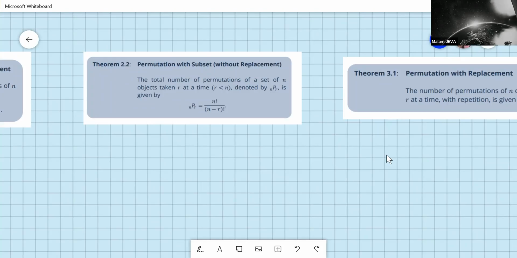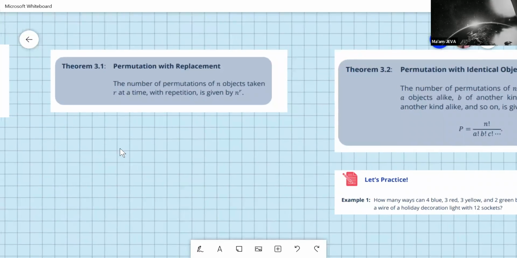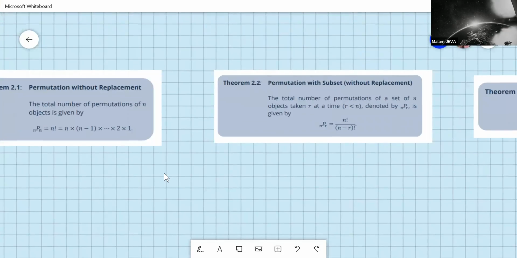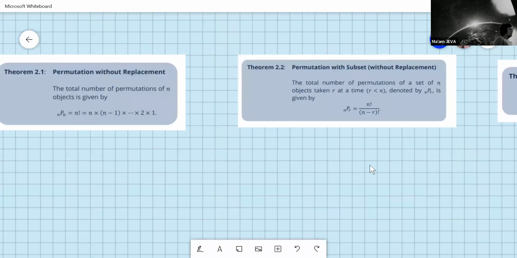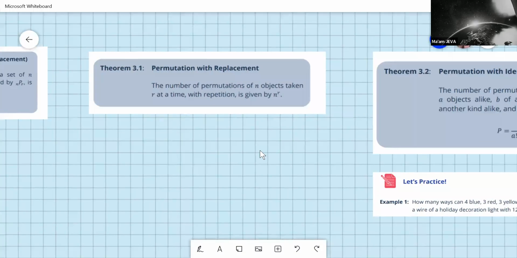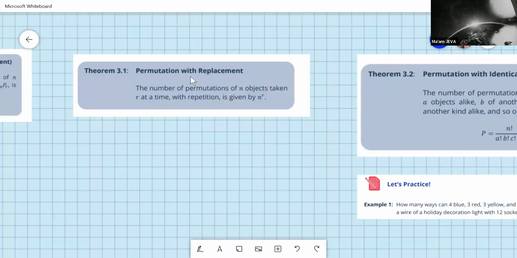Now, let's move on to the next theorem, which is theorem 3. Okay, so you notice the numbers, theorem 2.1 and 2.2, so related rin silang duha. Okay, so another formula that you're going to consider is permutation with replacement. Okay, so kindly look at this, the permutation of n objects taken R at a time with repetition.